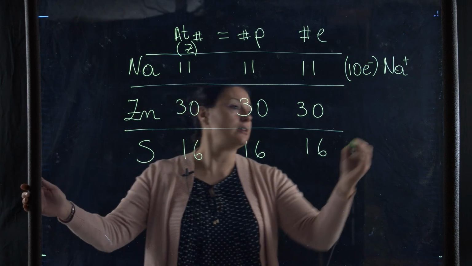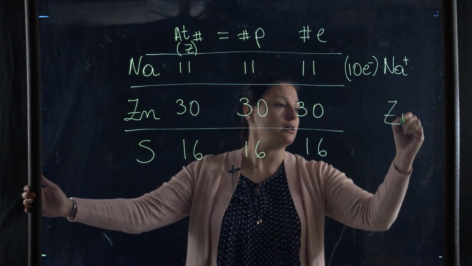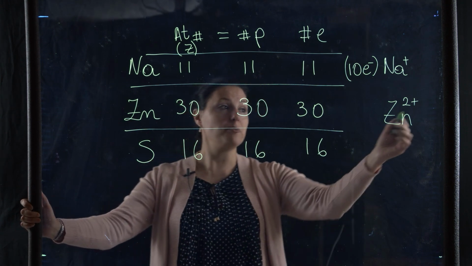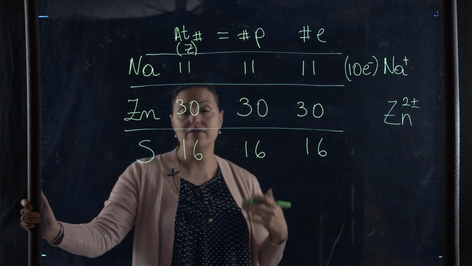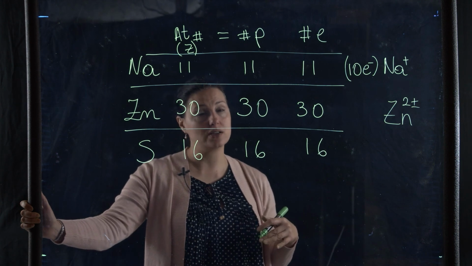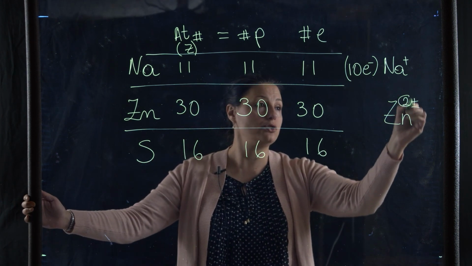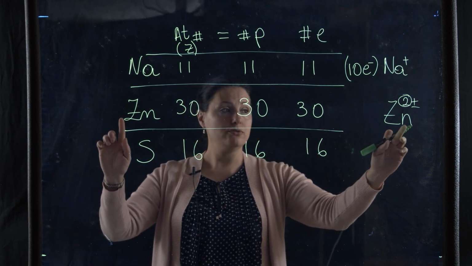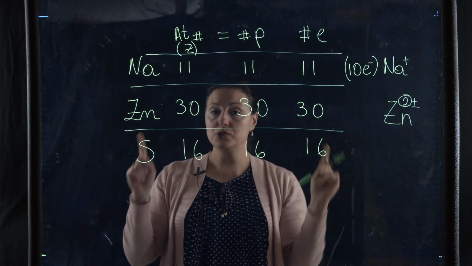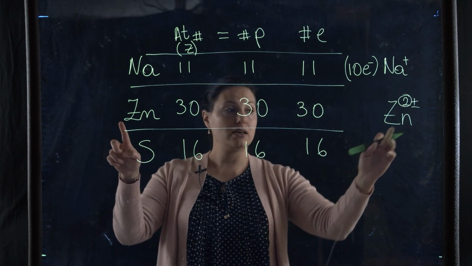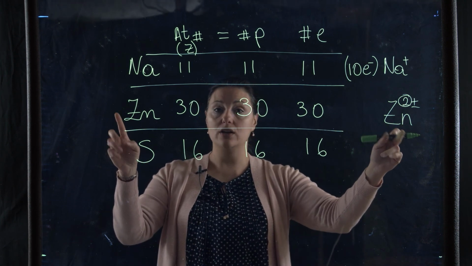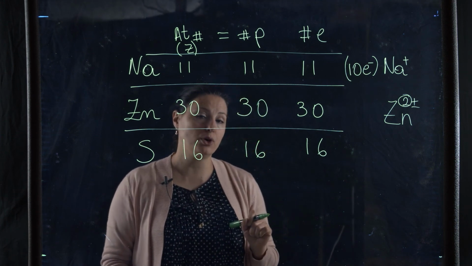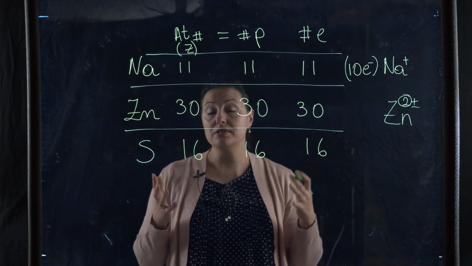Let's look at zinc. Zinc forms the 2+ ion. The plus tells me that I have more protons than electrons, and the number 2 tells me how many more. Once again, don't confuse electrons with protons. Protons do not change. The zinc atom and the zinc ion both have 30 protons because they're both zinc.